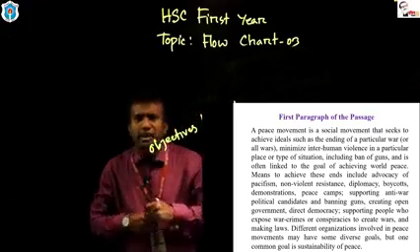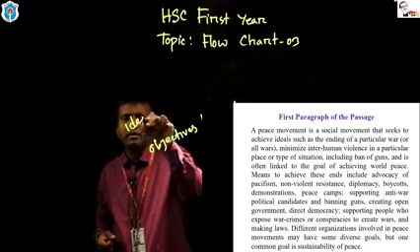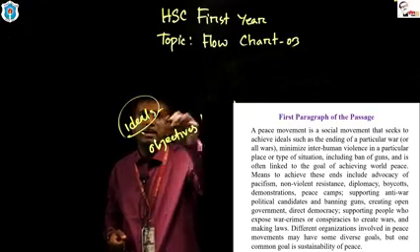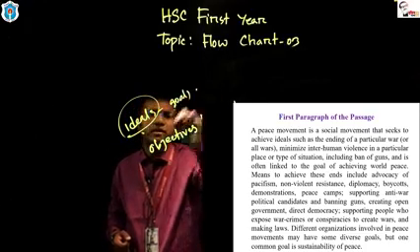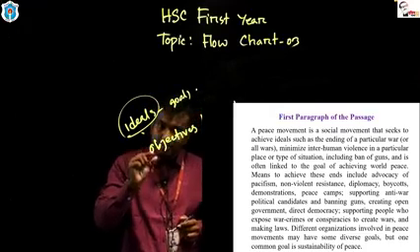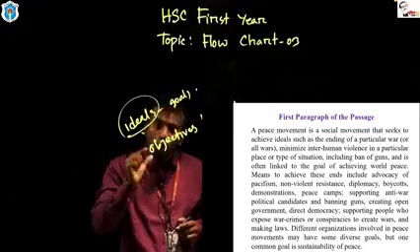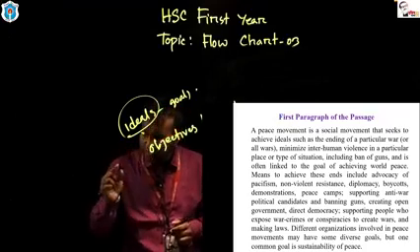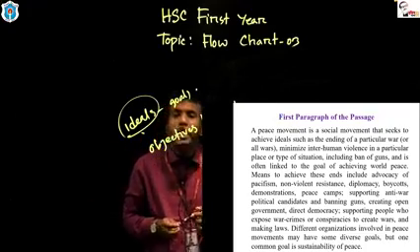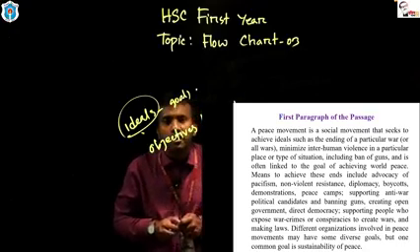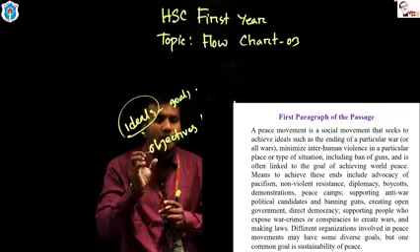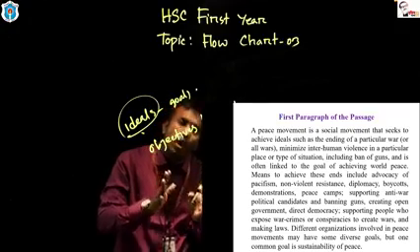Here ideals means you can say goals, you can say objectives, you can say targets. So a peace movement has some definite targets or goals or ideals. The first ideal of a peace movement is to end a particular war. The first objective of peace movement is to end a particular war or all wars.